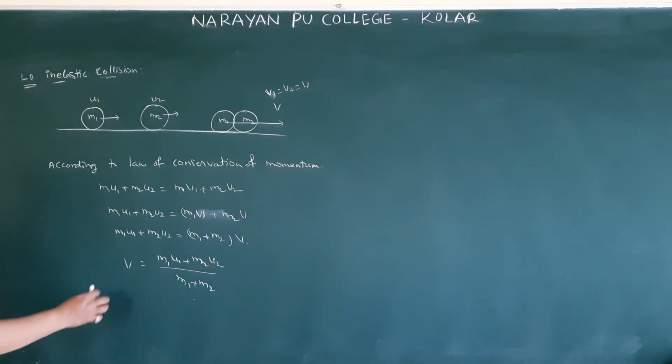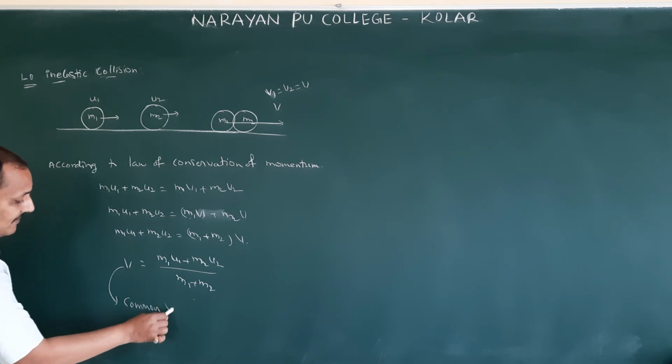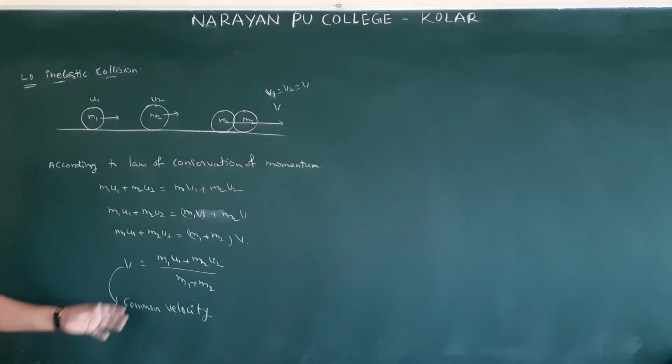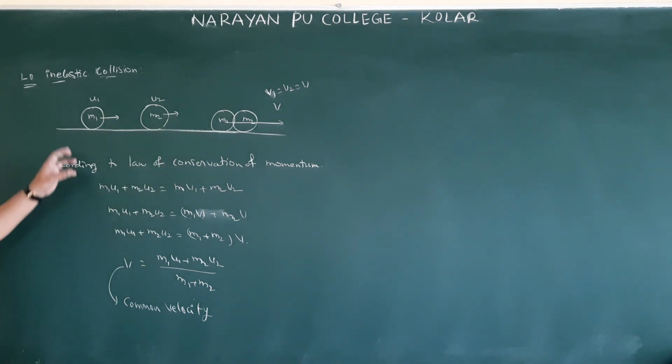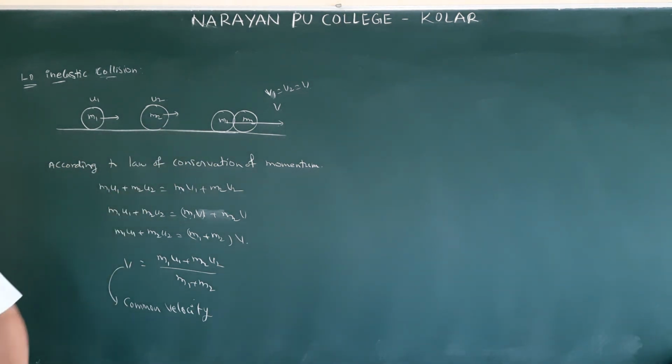This velocity we call the common velocity. Common velocity means both the objects will move with the same velocity. So this collision we call inelastic collision. After collision, both the objects will move with common velocity.